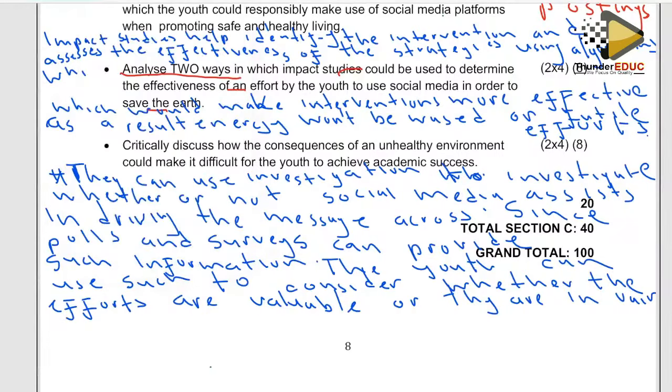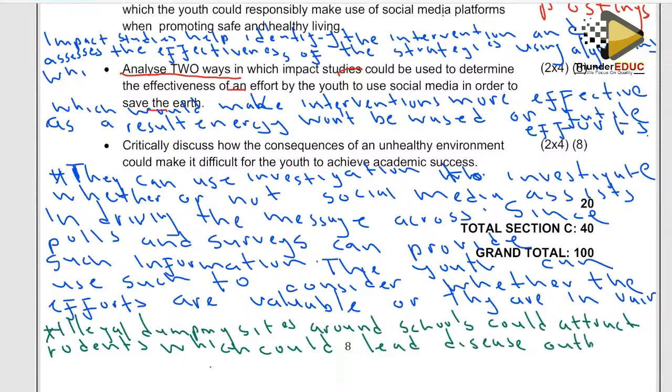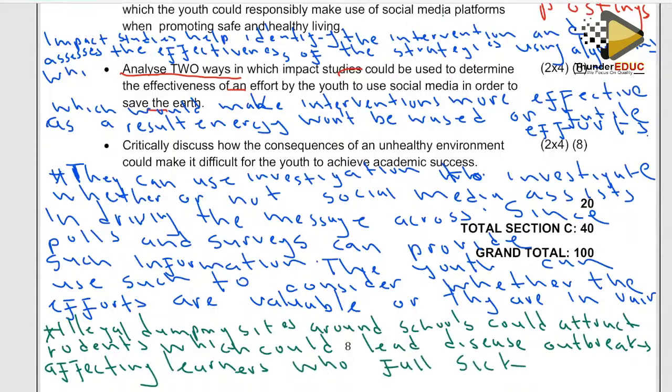So we can say that the first point is that illegal dumping sites around schools would attract rodents, which could lead to disease outbreaks, affecting learners who fall sick and miss school.